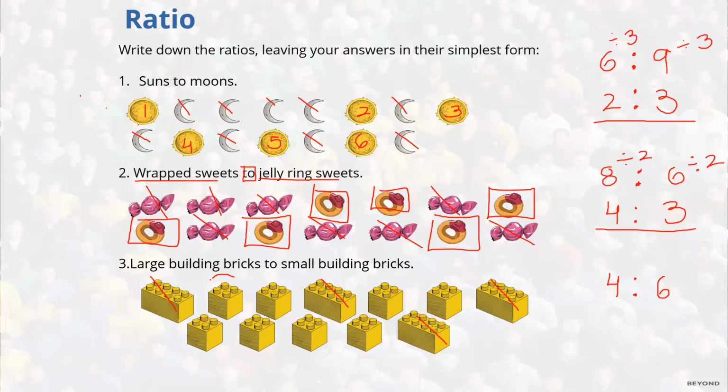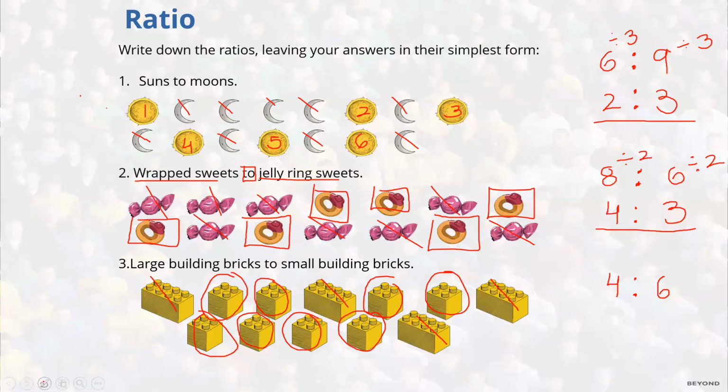And how many small ones do we have? 1, 2, 3, 4, 5, 6, 7, 8. Alasia, what's happening? 8 of them.